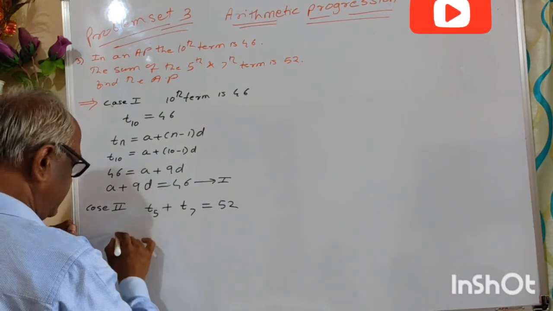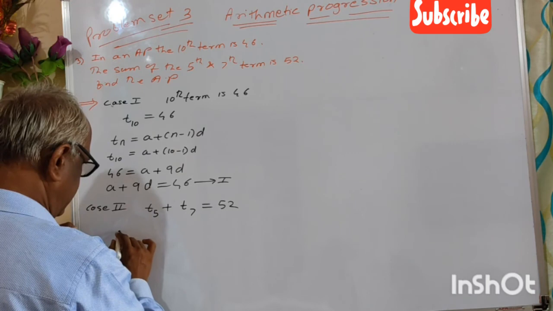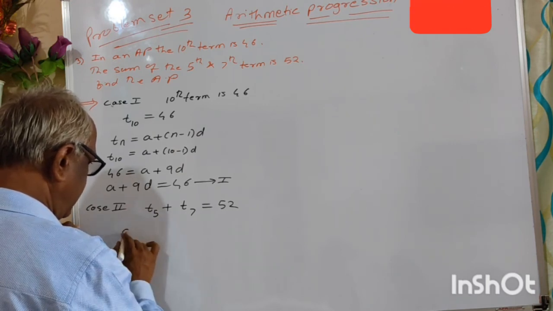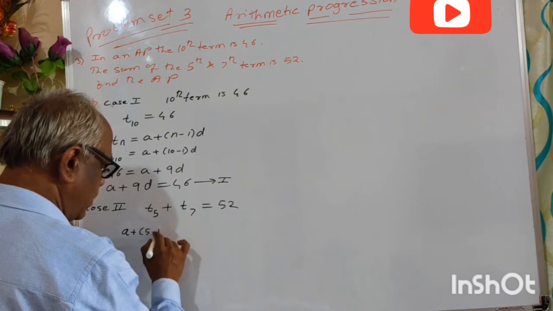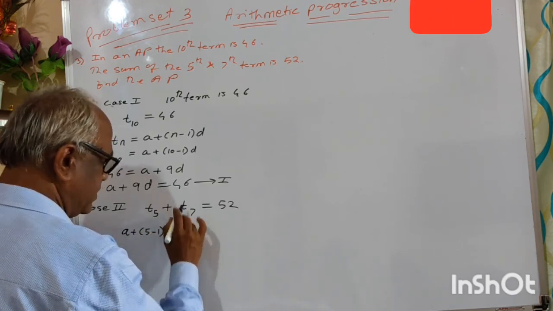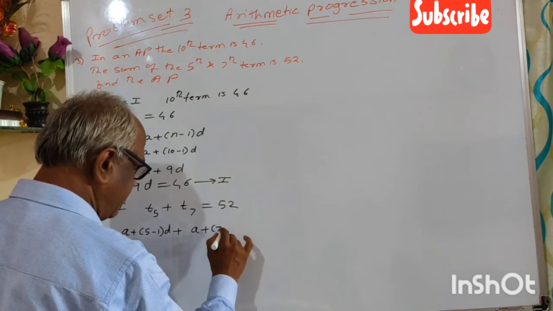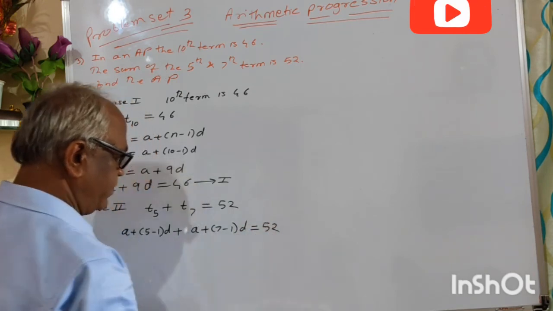Now T5, the 5th term, means a plus (5 minus 1) into d, plus T7 means a plus (7 minus 1) into d, which is equal to 52.